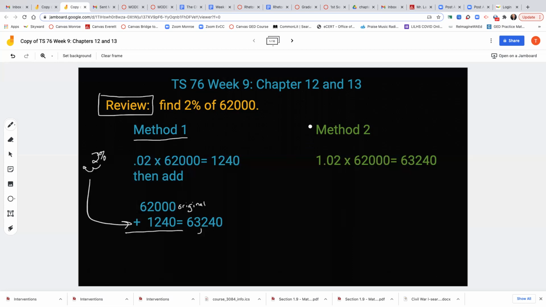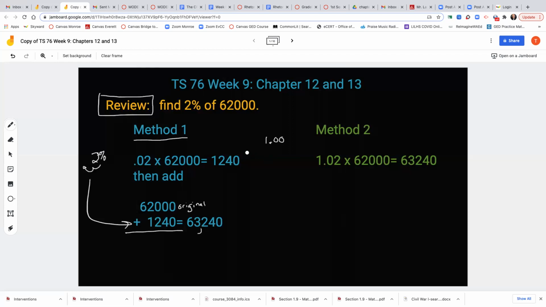The second method is a little bit faster, but you just have to do a little bit of thinking up front. You pause for a couple of seconds and think: if it's a 2% increase of something, how much is 100%? It'd be 1.0. That'd be 100% of something, like one times something.